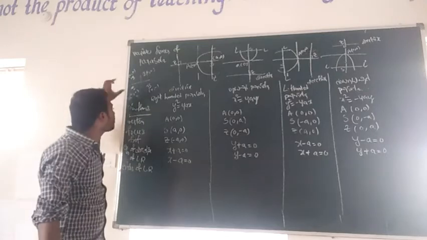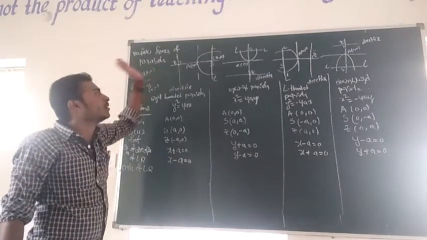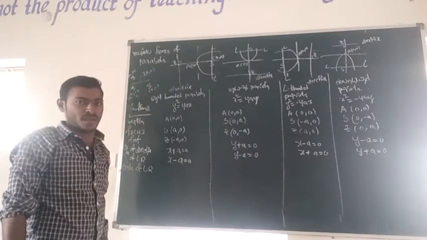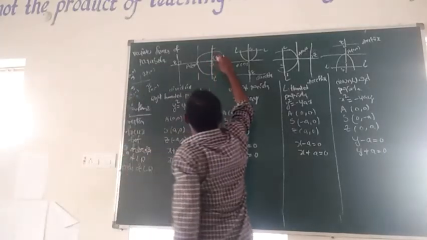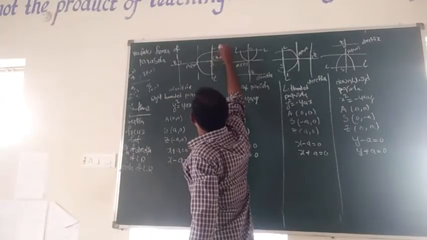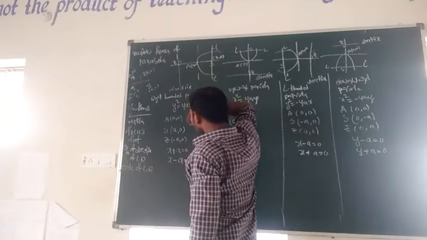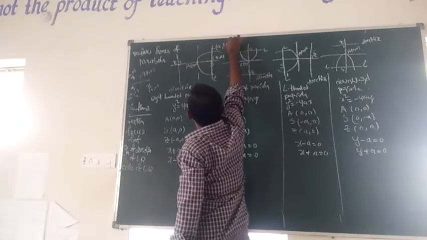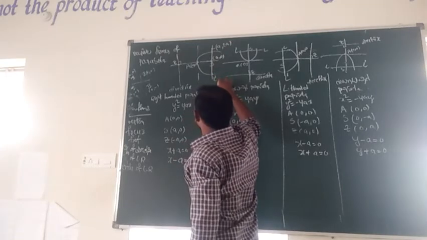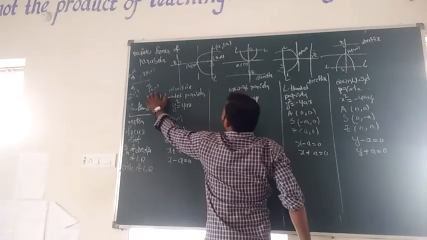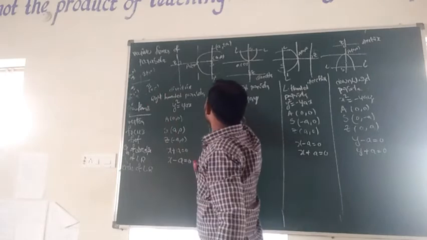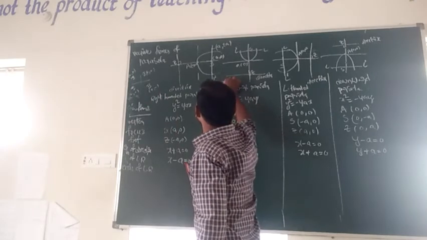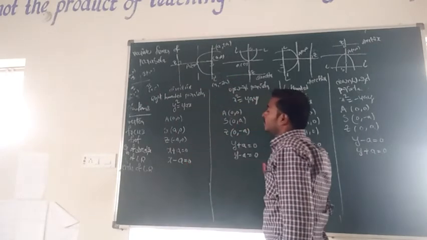Now depending on these values, we take the ends of latus rectum. Suppose here the x value will be a, so we take a comma 2a. This is the negative side of the fourth quadrant, so we take a comma minus 2a.